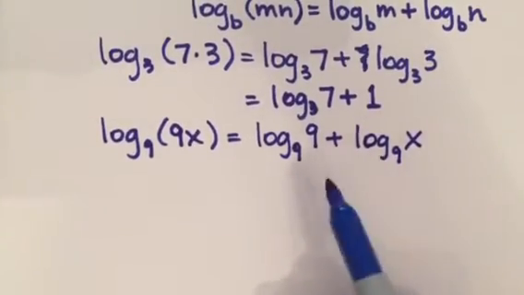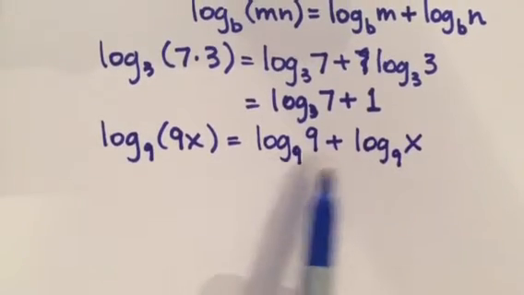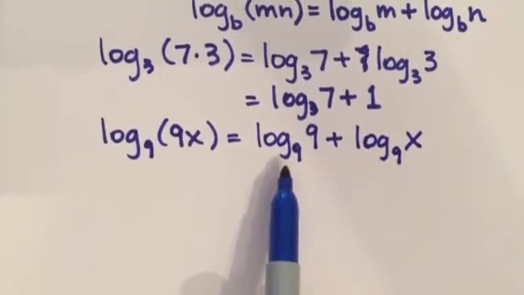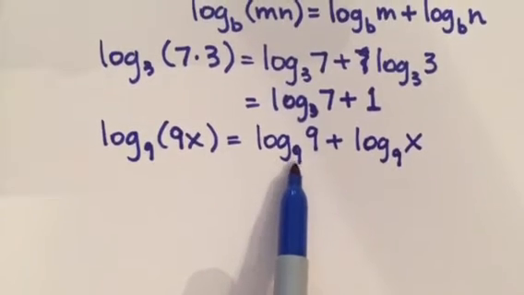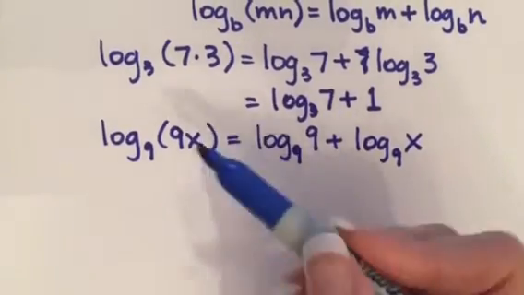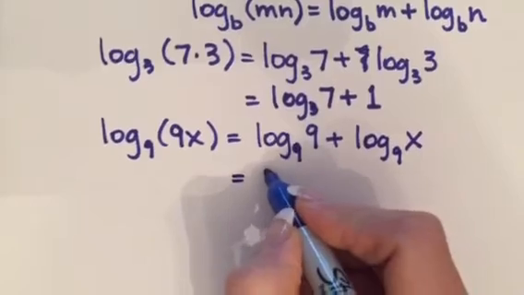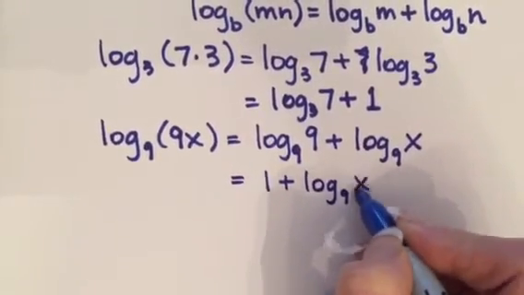Then I look at both these logs and I think one of these may simplify a little further. This one does not. But this has log base 9 of 9, so I'm thinking of what power of 9 gives me 9. Of course, that is 1. So we have 1 plus log base 9 of x.